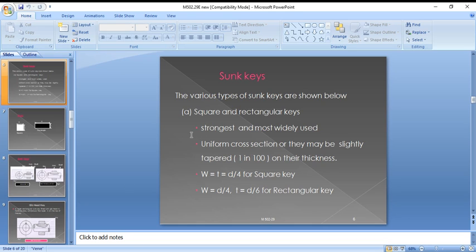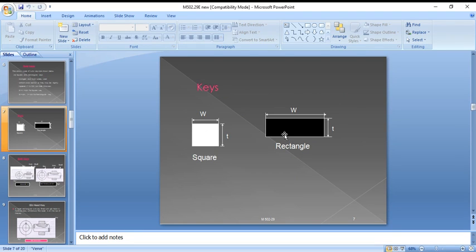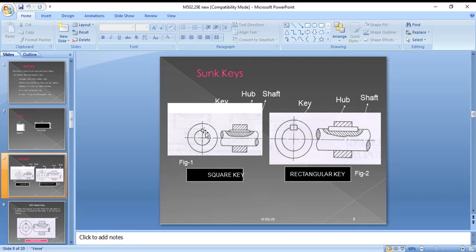It has a uniform cross section, or it may have a slight taper on its thickness to make alignment of shaft and hub easy. This is the square cross section and the rectangular cross section. As I said, half of the keyway is in the hub and half of the keyway is in the shaft.